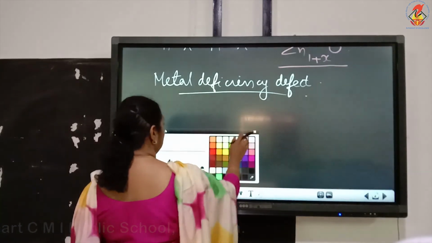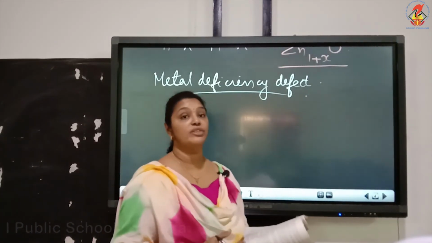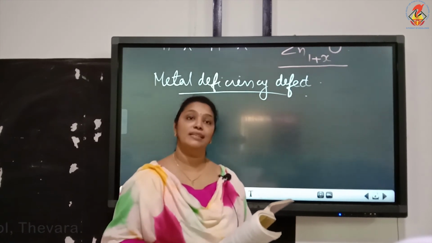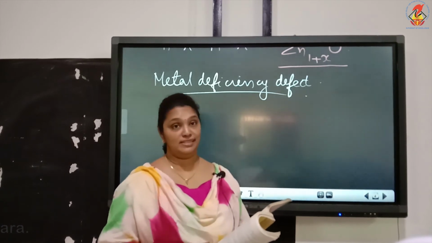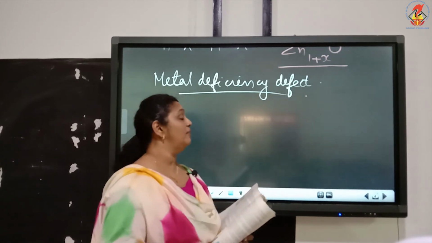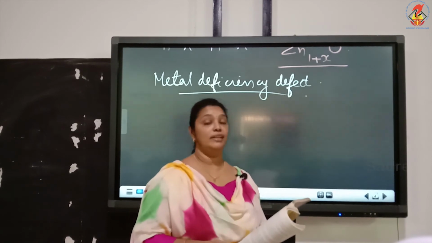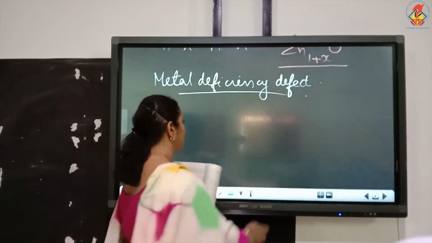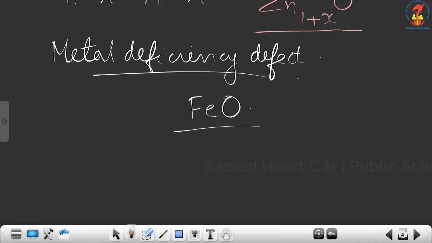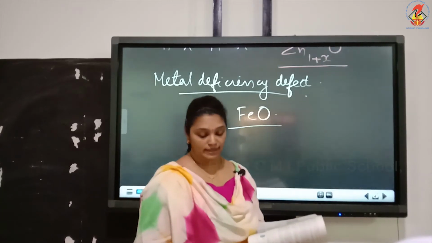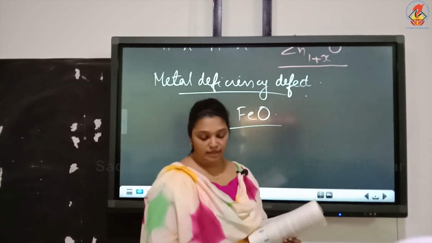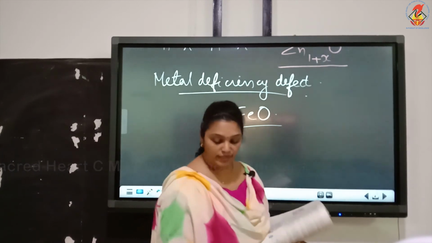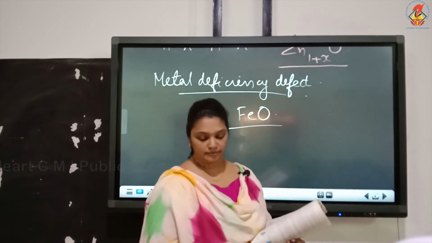Now, this type of defect is mainly exhibited by transition metals, even metal excess defect also, because transition metals are compounds which can show variable valency. So, metal deficiency defect is exhibited by transition metals. Okay. Now, example for metal deficiency defect is FeO, iron oxide. Now, here comes a question, why is FeO not formed in stoichiometric composition?